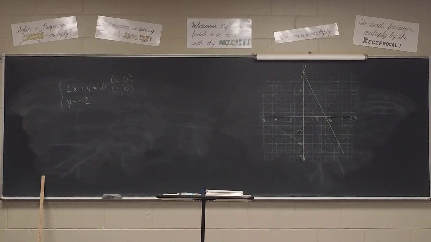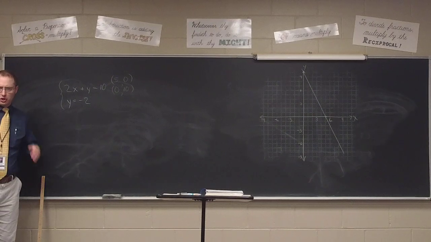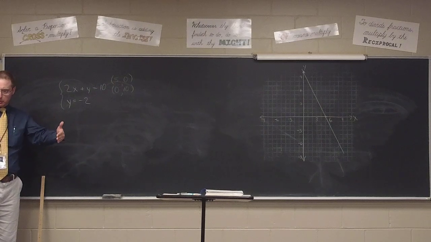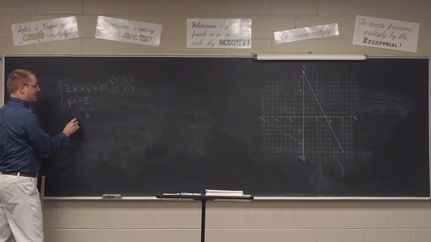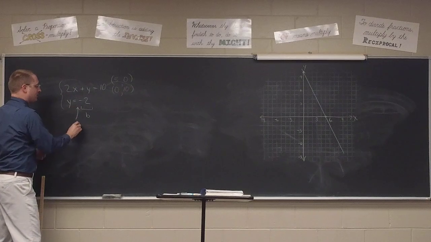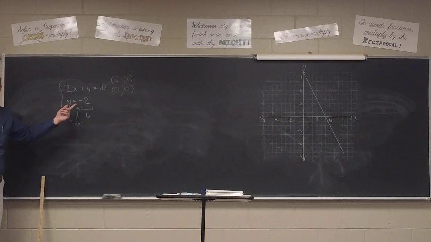This next equation, we've looked at something like this before: y equals -2. That could be in slope-intercept form. Slope-intercept form, class, say it with me, is y equals mx plus b. Well, obviously, there isn't an x, right? This could certainly be called the b, but there isn't an mx right here.